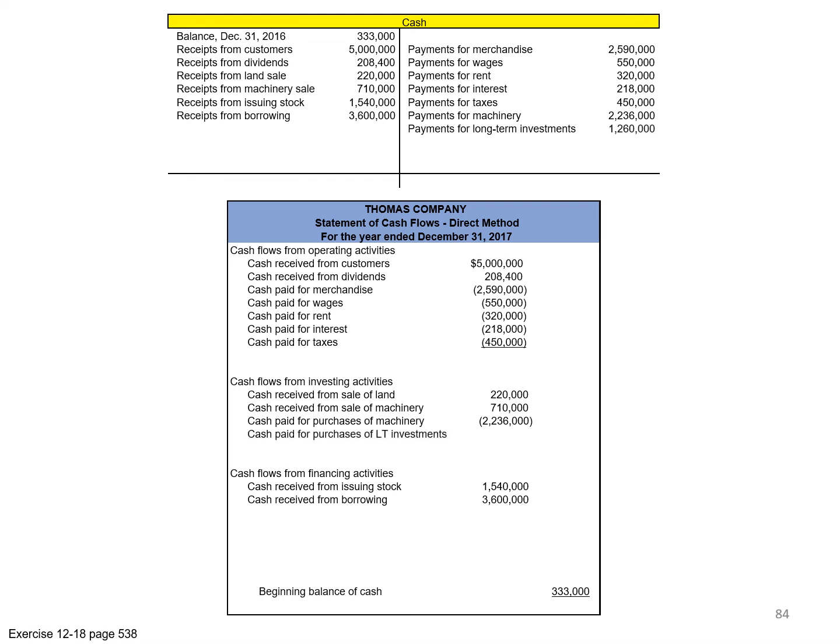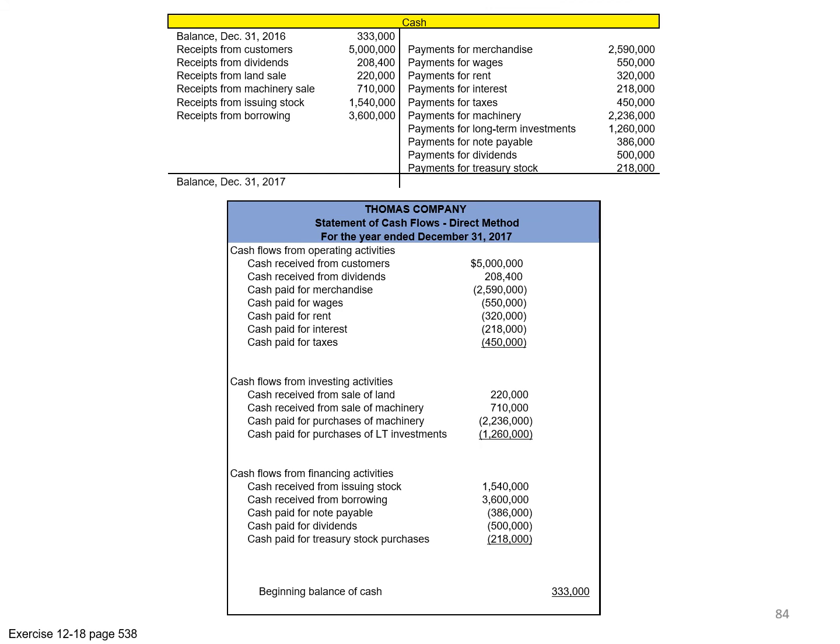Payment for long-term investments, that's also investing. Payments for a note payable is financing. Payment for dividends is also financing. So if you subtotal all your categories, oh, one more, payment for treasury stock is also financing.